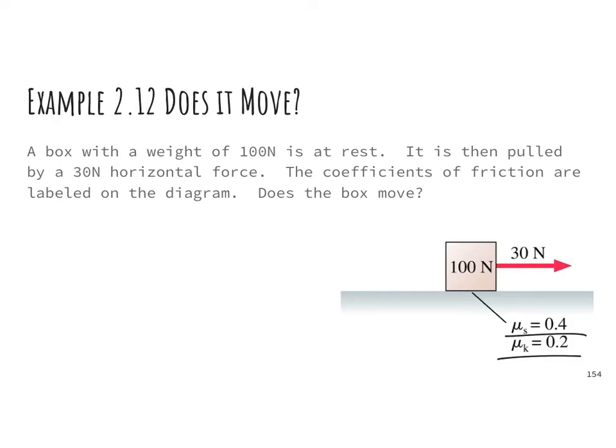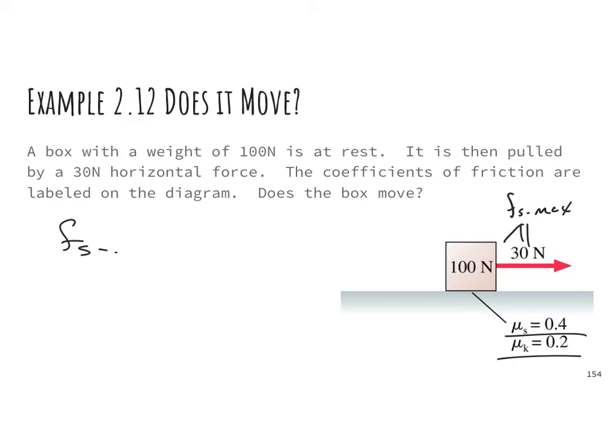Well, if I need the box to move, then I need to break static friction. So really my question is, is the applied force greater than or equal to F static max? Yes, I put the equal sign in the right spot. So in order to break static friction, the force applied has to be greater than F static max.